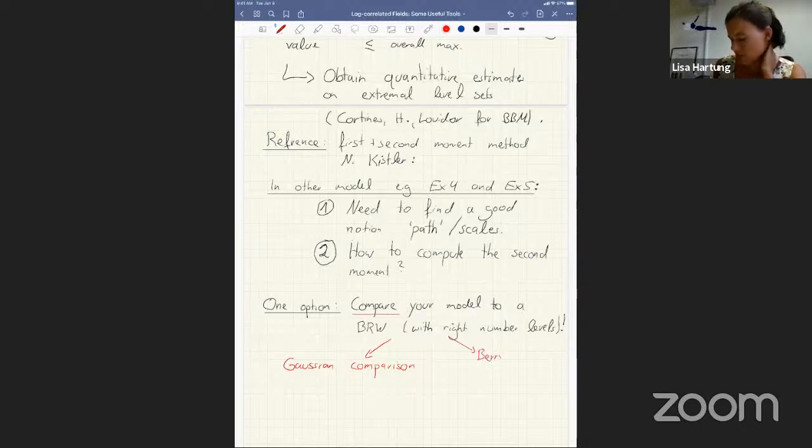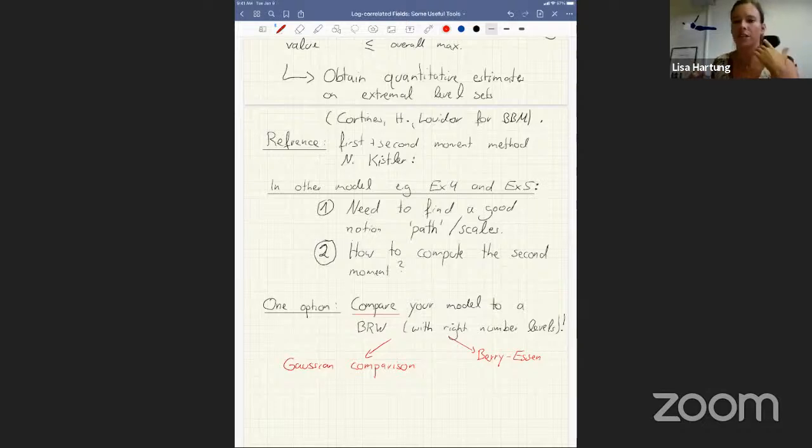For instance, what's used a lot in the Riemann zeta type models is to look for various bounds, because they can sometimes be applied there very nicely.